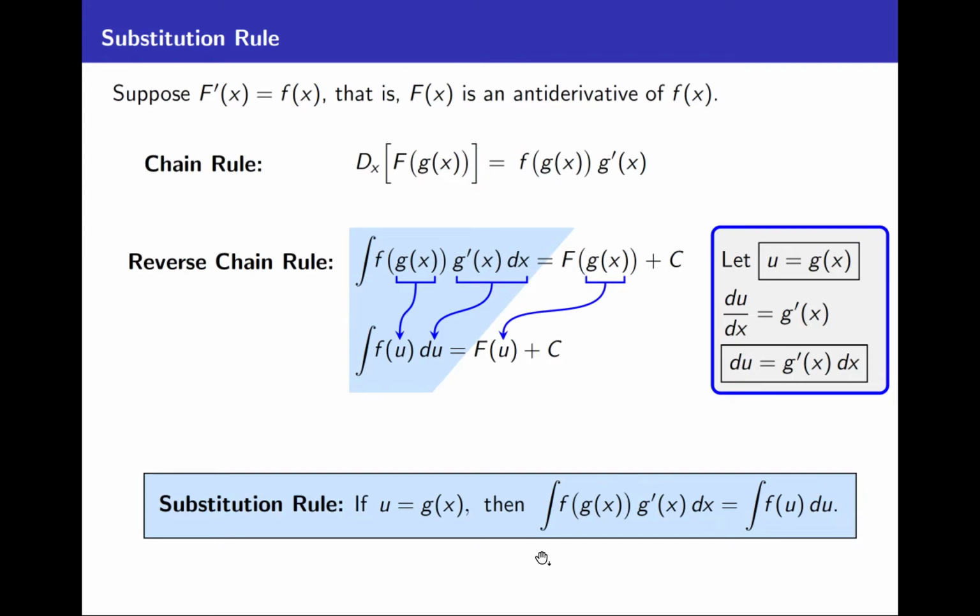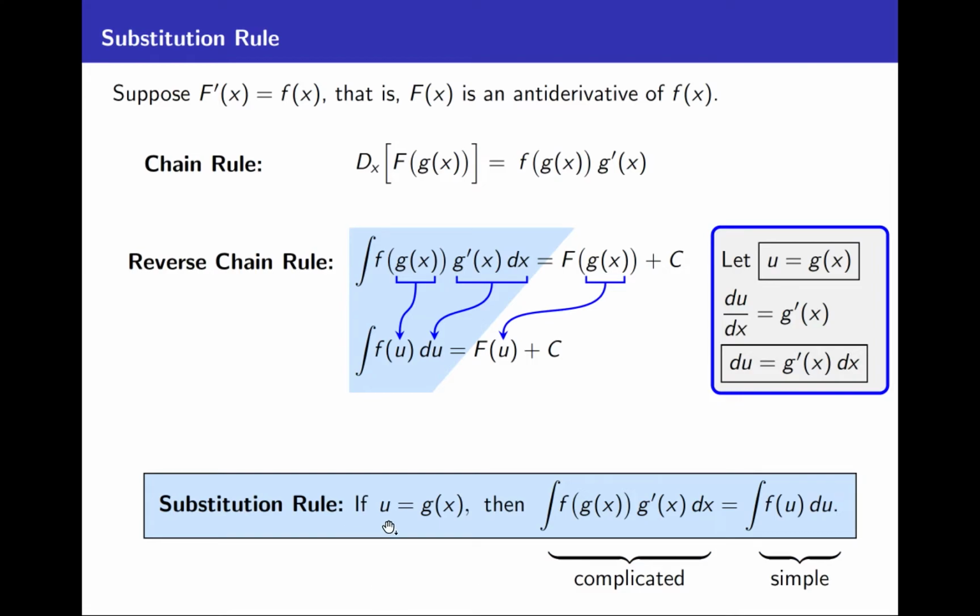Now what this does is that it takes a complicated looking integral right here, it's very complicated, and it changes it into something simple. So imagine you had an integral that was complicated, and you're trying to find out what that integral equals, and it doesn't match any of the rules that you know.